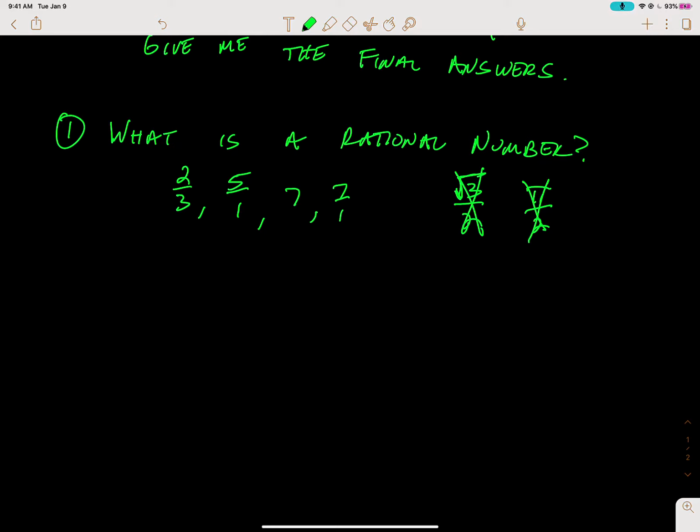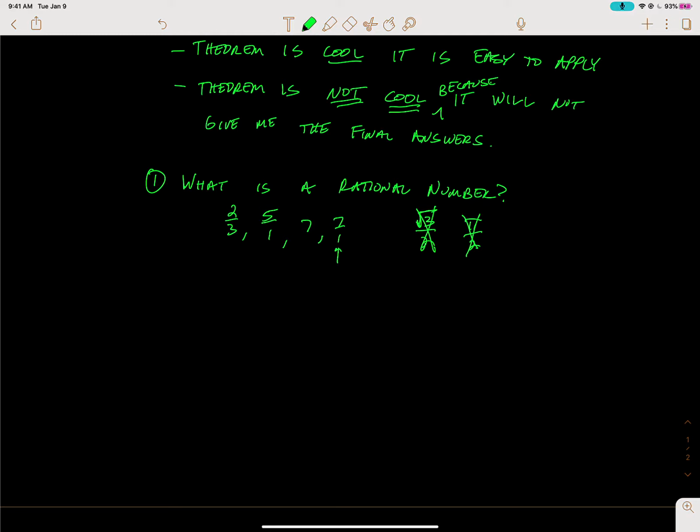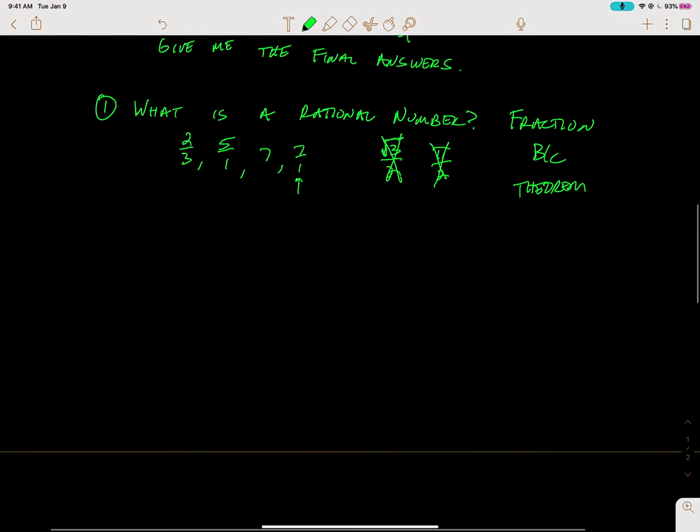So again, any fraction where the top and the bottom are integers are okay, and even whole numbers are okay because I can always write them as over 1. So that's what a rational number is. It's important to think fraction here for a rational number because that will tie into our theorem, okay? It'll help with remembering how to do the theorem. So that's what a rational number is.